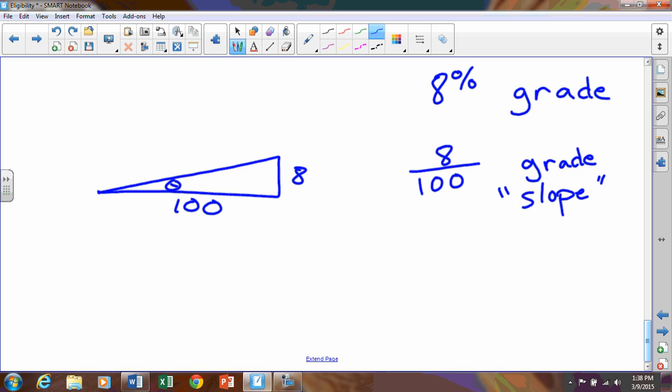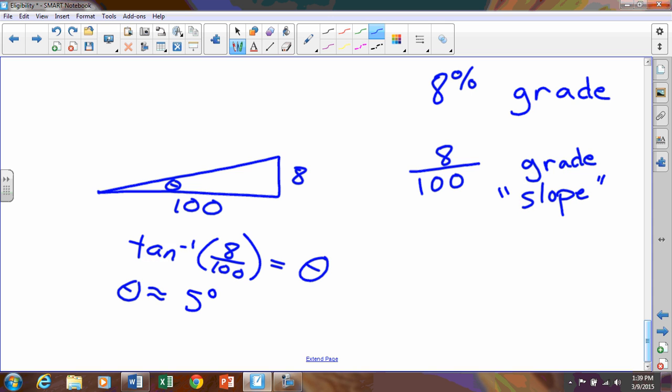Inverse sine, inverse cosine, inverse tangent. So which one do we have? Inverse tangent of 8 over 100 gives us our answer theta. Since the directions told us to round to the nearest whole degree, plug it in the calculator, and we'd get the measure of angle theta is about 5 degrees. We're done.